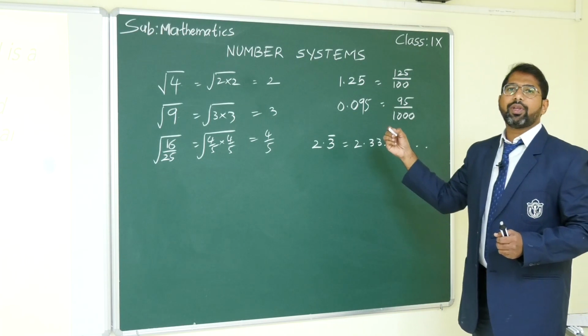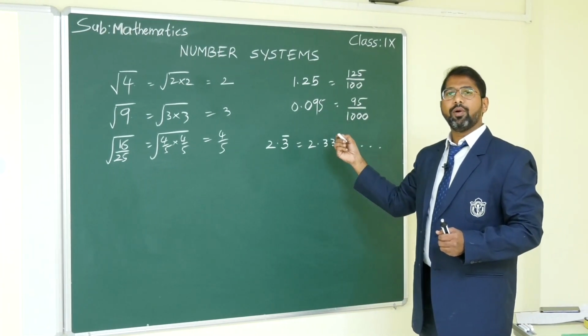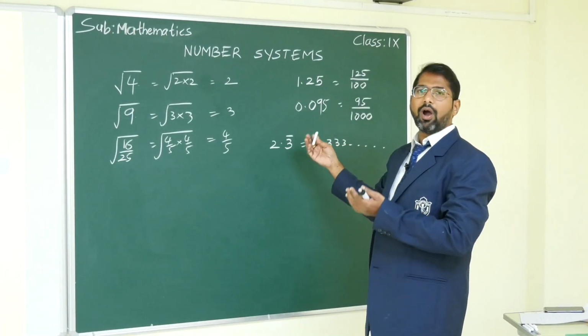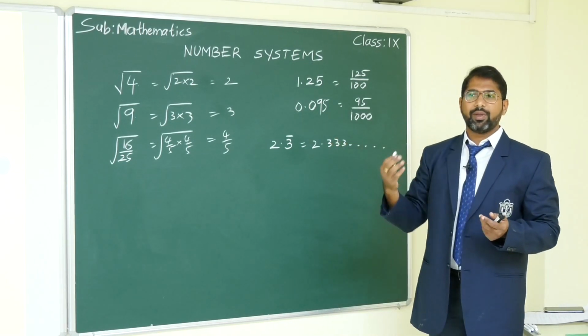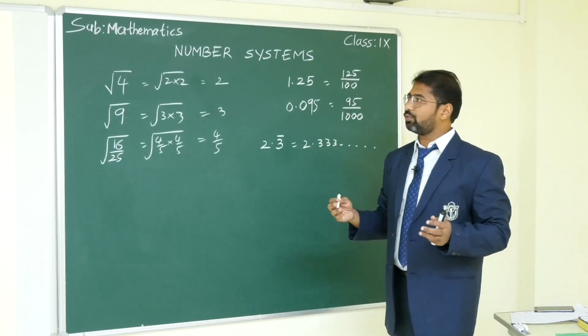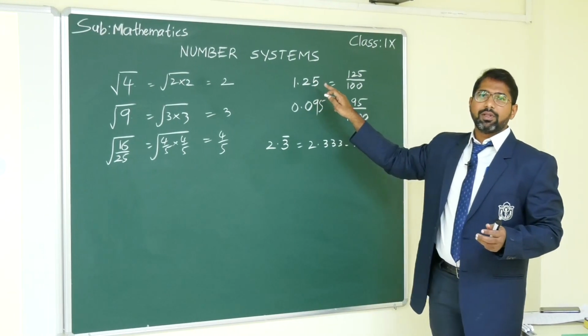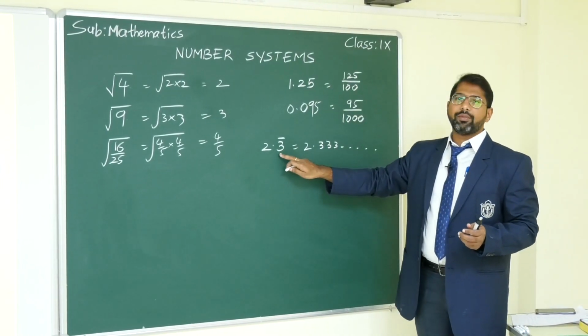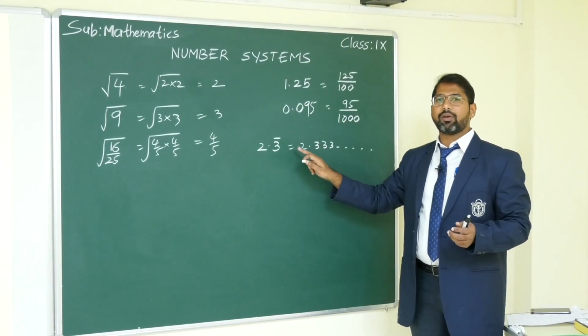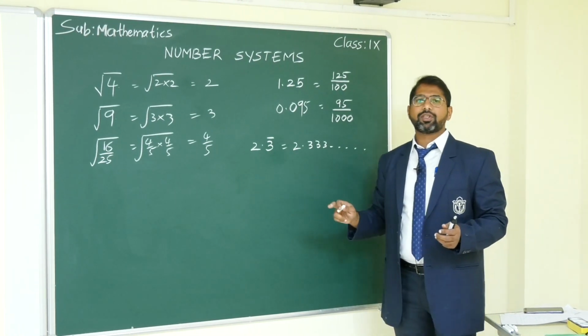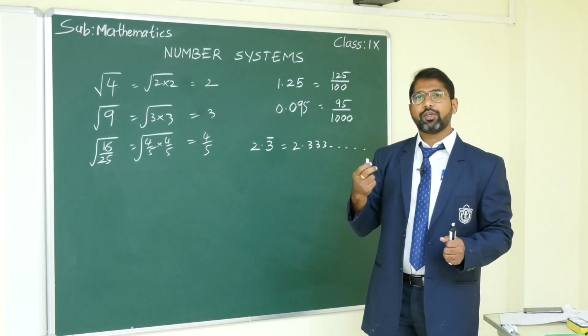This also you can convert into P by Q form. We will learn how to convert them in our coming classes. Just now assume that terminating decimals as well as non-terminating and repeating decimals are also rational numbers because we can write them in P by Q form.